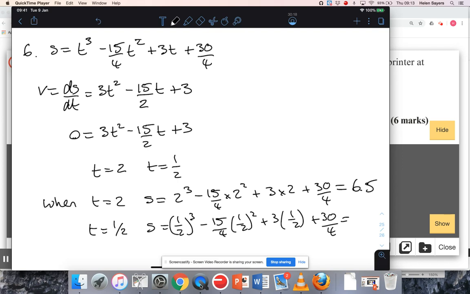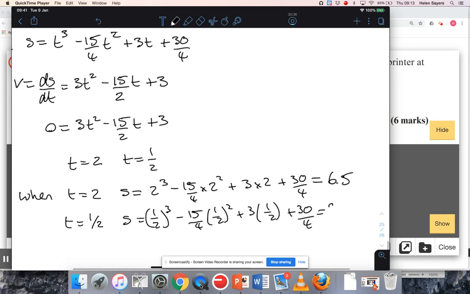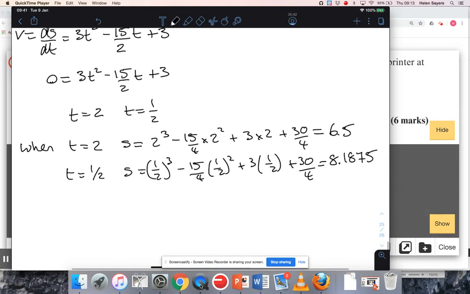I will double check these answers again at the end because I've messed something up. Okay, so let's just change those 2's to halves. Okay, let's just check that. Right, so that's giving me, let's just put it in, 8.1875.